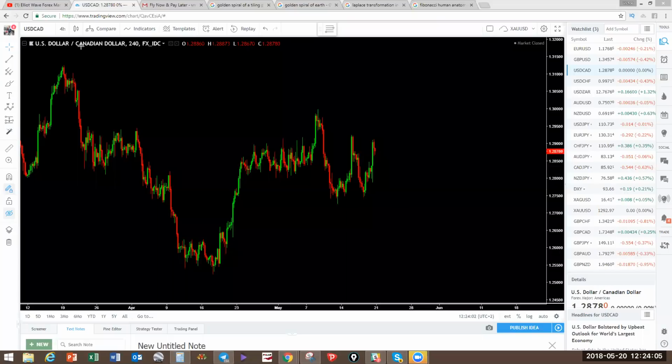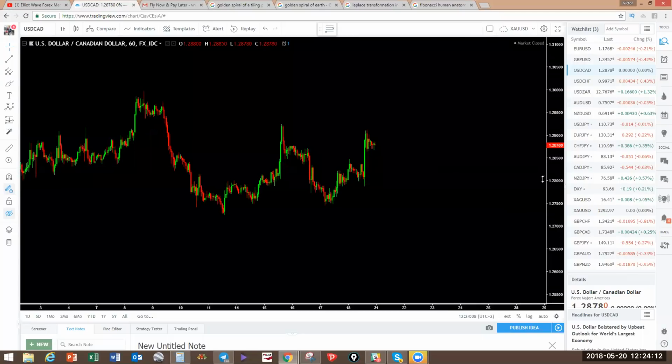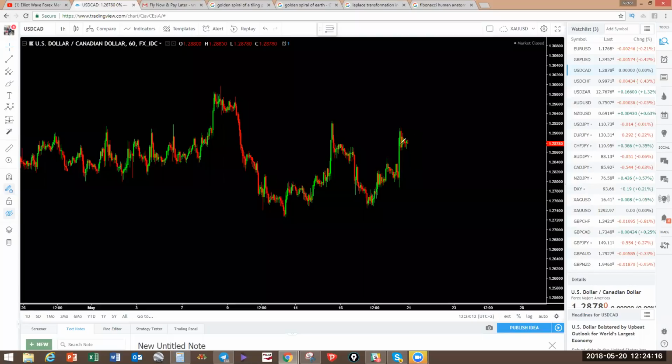I do not see an exact entry point for downside here. For downside, actually looks like it wants to come and take the top here. So maybe take the top and come back with a move down. Remember, I said the US dollar pairs, if it's a base, a bounce to the downside.